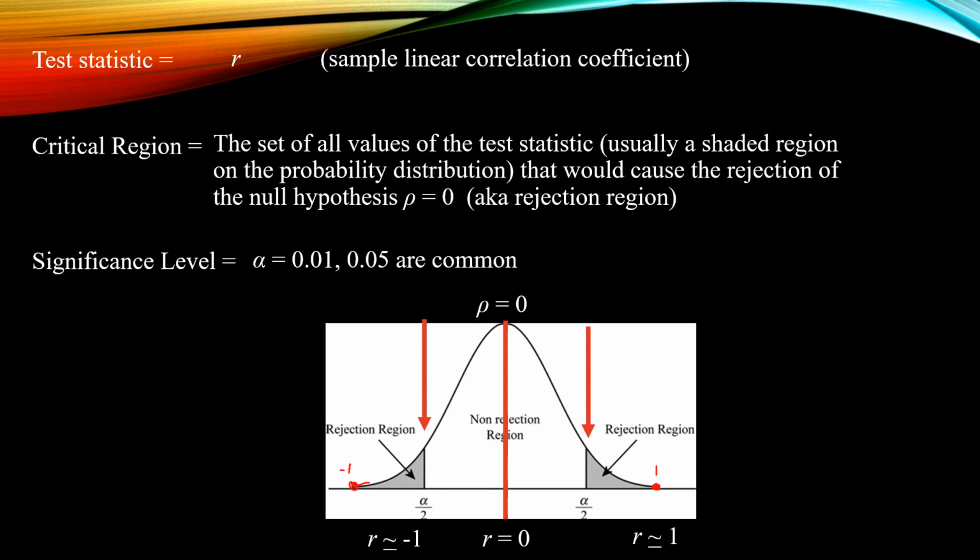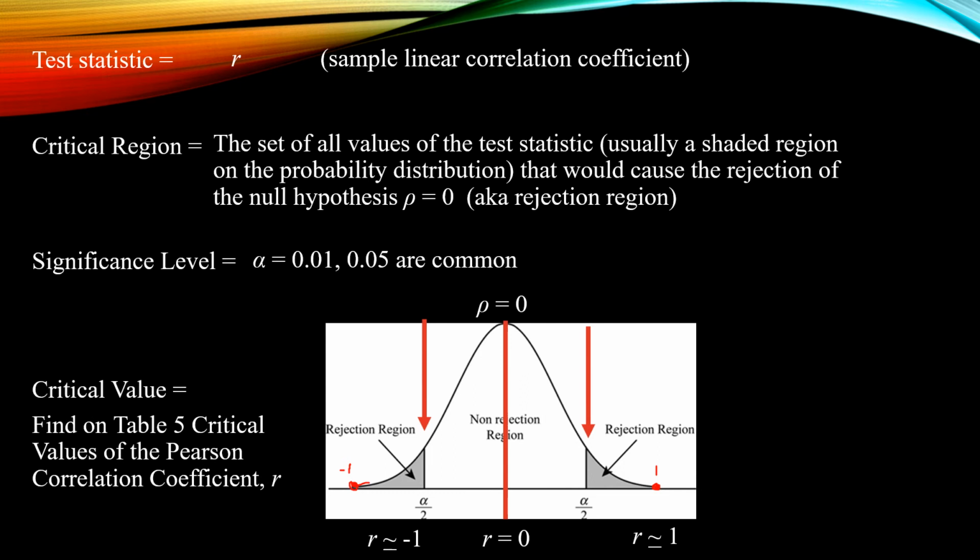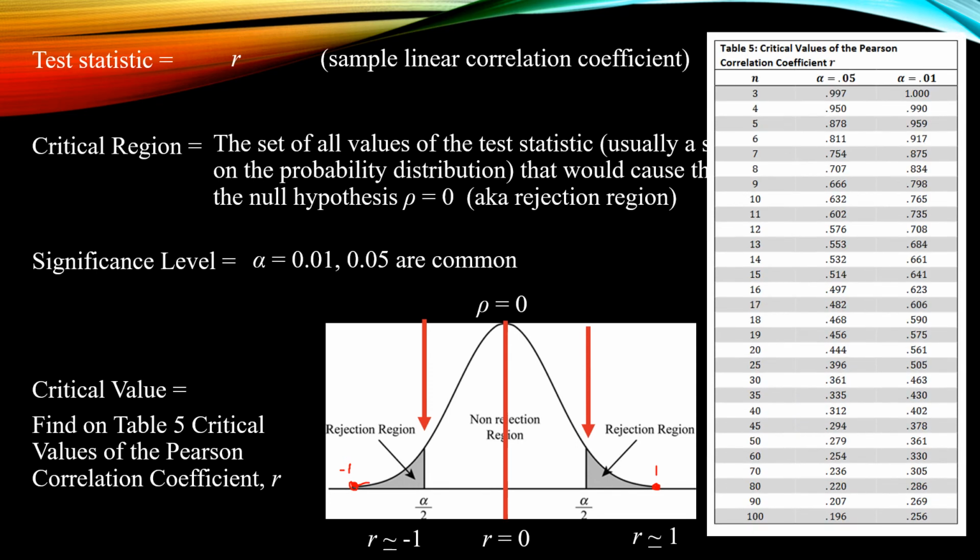You find the critical value on table 5 in your handout, the formula book for this course. Table 5 gives the critical values of the Pearson correlation coefficient. Here is what that table looks like.